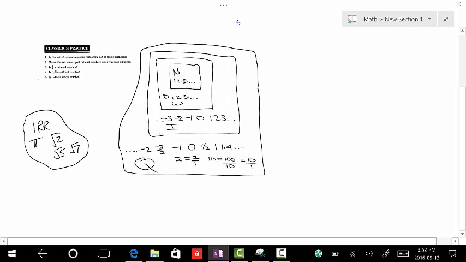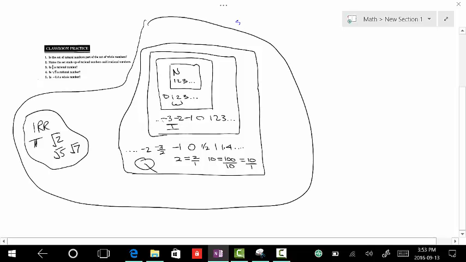However, if you take the irrational numbers and combine them with all these other sets, you get the set of real numbers. Real numbers include the irrational numbers, the rational numbers, the integers, the whole numbers, and the natural numbers.